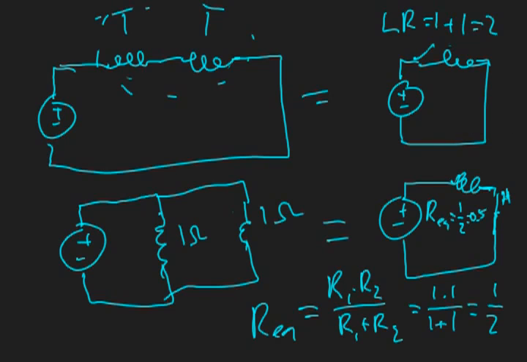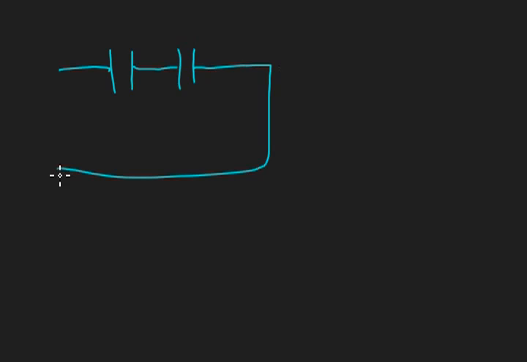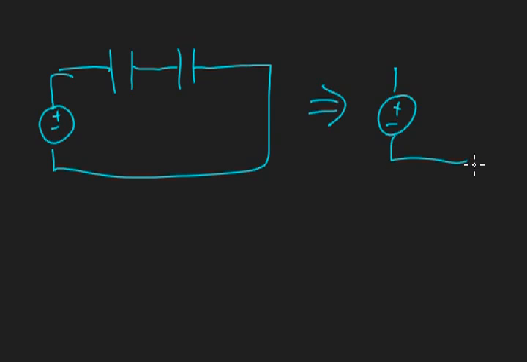Now the capacitor is sort of like the black sheep, in that the rules are the same except they're reversed. So say you had two capacitors in series. If we wanted to convert this into a single capacitance, let's say this was 2 farads and this was 3 farads. Don't worry if these units are confusing.